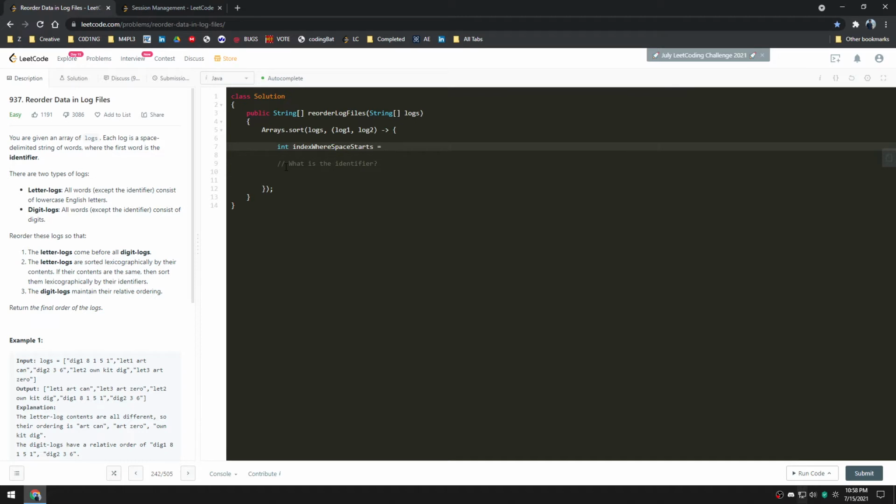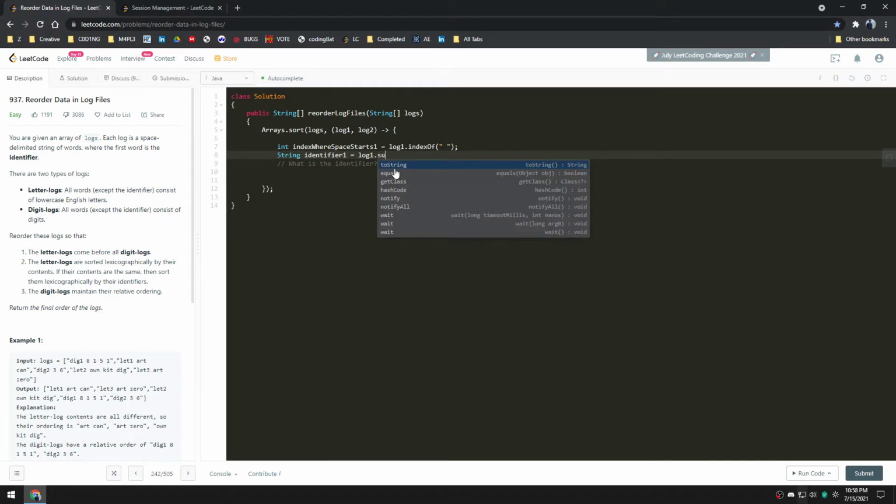Since we're comparing two logs, log 1 and log 2, I'm going to name things with a 1 or 2 at the end. So index where space starts 1 is just going to be log1.indexOf the first space.